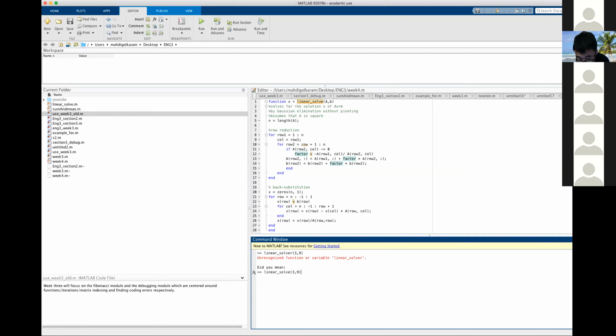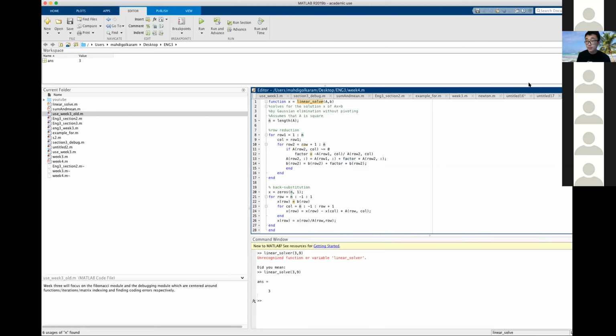Linear solve, yeah, sorry, linear solve, not linear solver. So here we get the right answer.